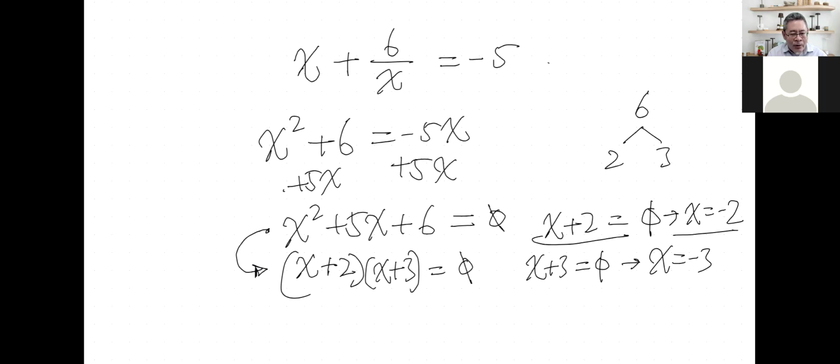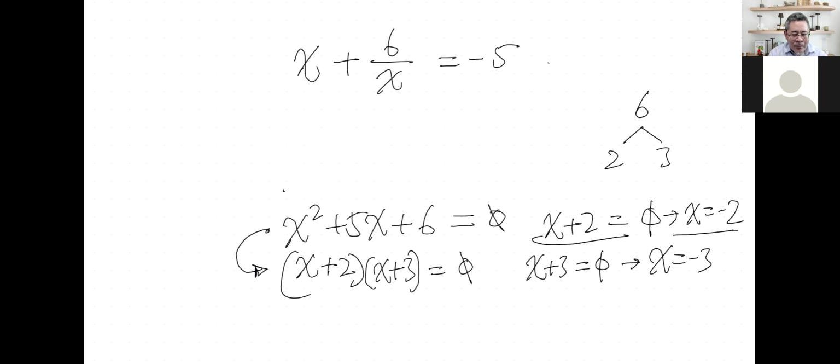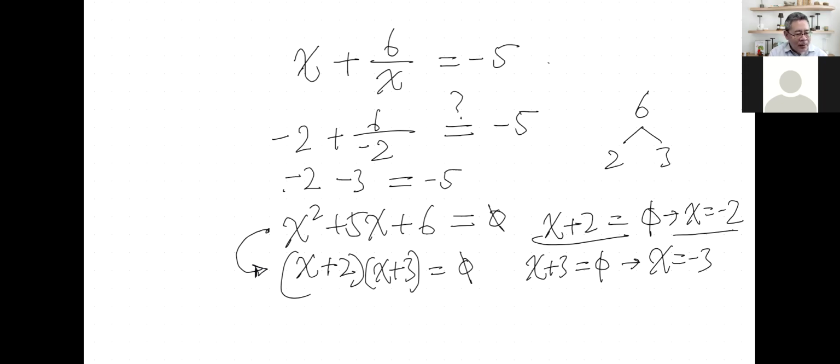Well, we still have to check. Okay, we'll go back to the original. We check x equal negative 2. So what we got is negative 2 plus 6 over negative 2. We want to see if that equals negative 5. Well, 6 divided by negative 2 is negative 3, and negative 2 minus 3 is negative 5. So we know this is correct.